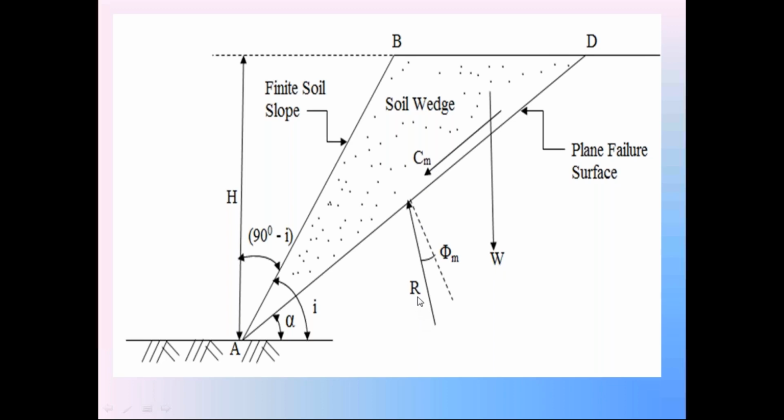Lami's theorem is also for three forces. That is very good. Lami's theorem is applicable for three forces: F1 by sin alpha is equal to F2 by sin beta is equal to F3 by sin gamma. That is Lami's theorem. That is also equilibrium of three forces. The other one is the graphical equilibrium, and Lami's theorem is the mathematical equilibrium.